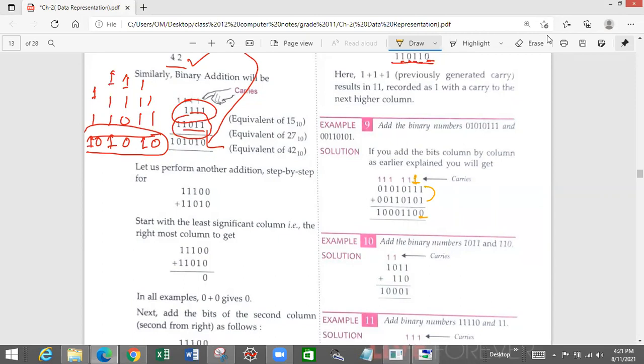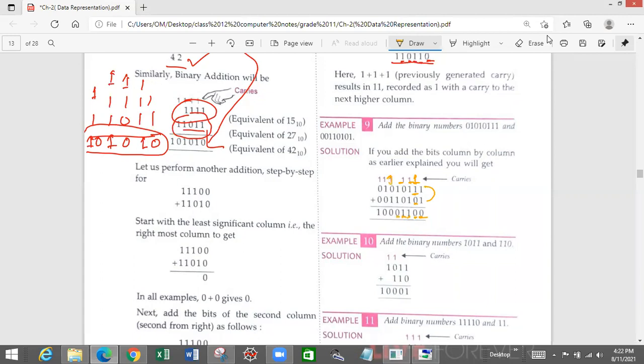Now we are having 1 here and one more 1 is there, and then 0 is there. So 1 1 again it will become 0, and there will be a carry 1 which is written here. Now we are having 3 ones, so it will have a 1 with a carry 1. So this answer is 1 written here, and carry is here 1. Now this is 1 0 and 0, so it will directly come here as 1. Now this 1 plus 1, it will be 0 with a carry 1.